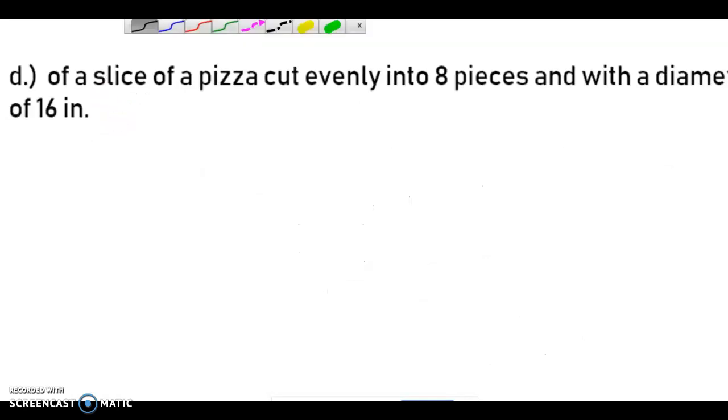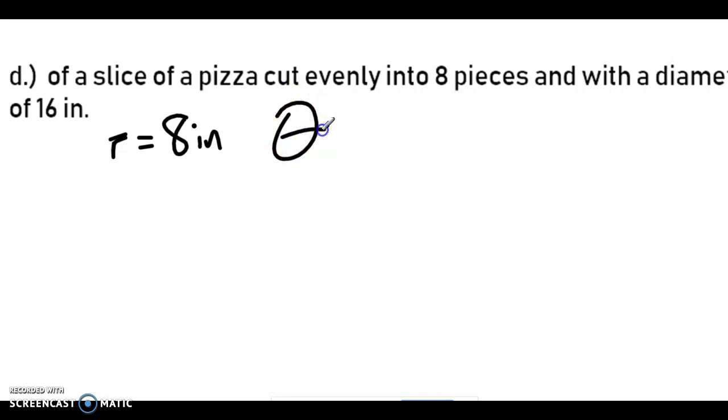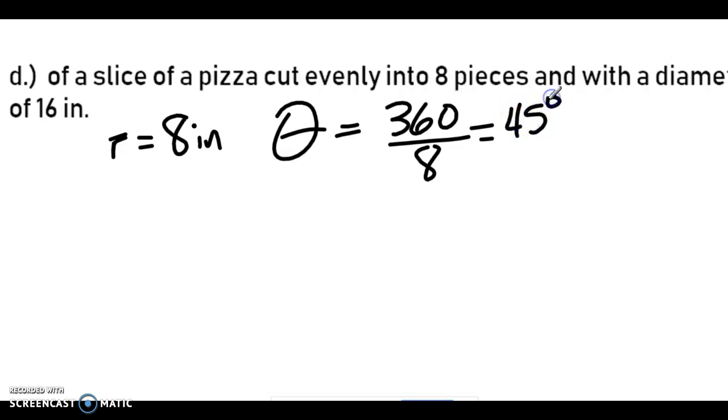So radius is 8 inches. What's our central angle? 1 full is 360, but we have how many pieces? 8. So we take 360 divided by 8. That is 45. So our central angle is 45 degrees.